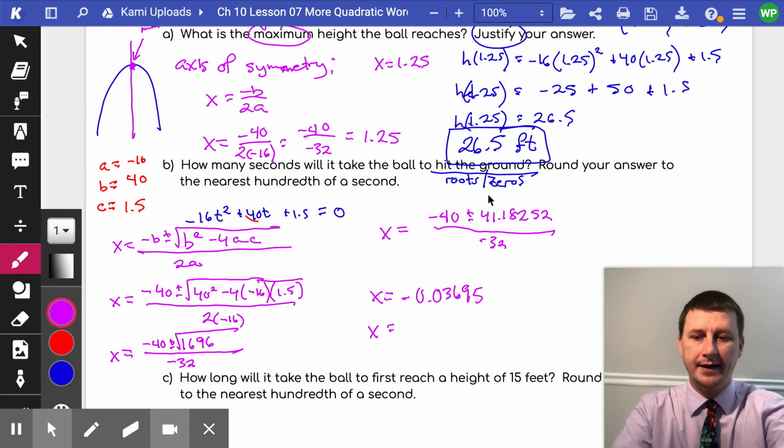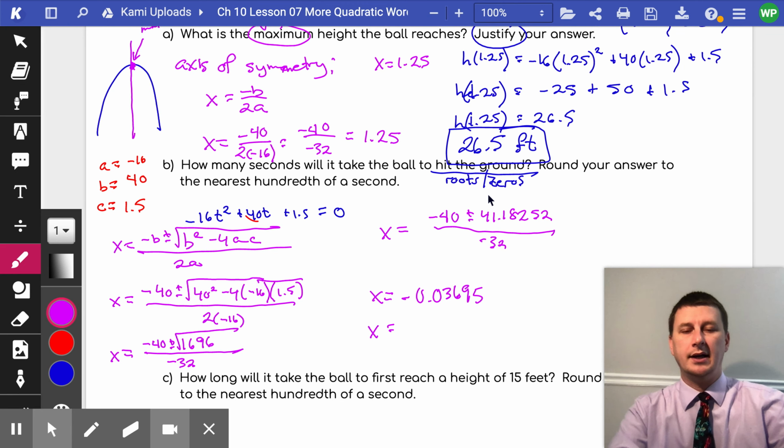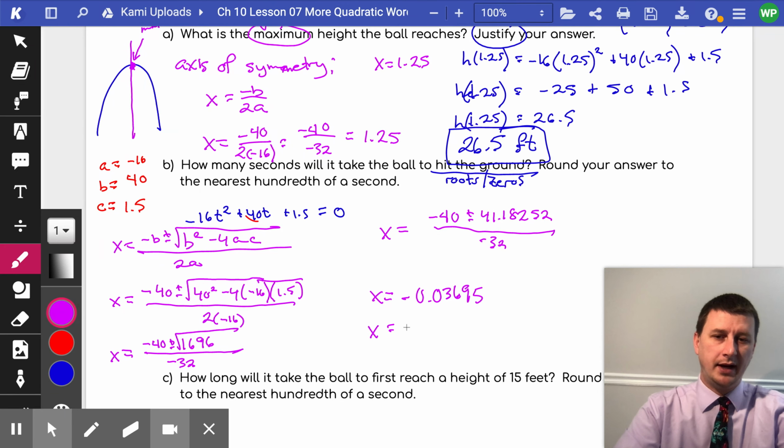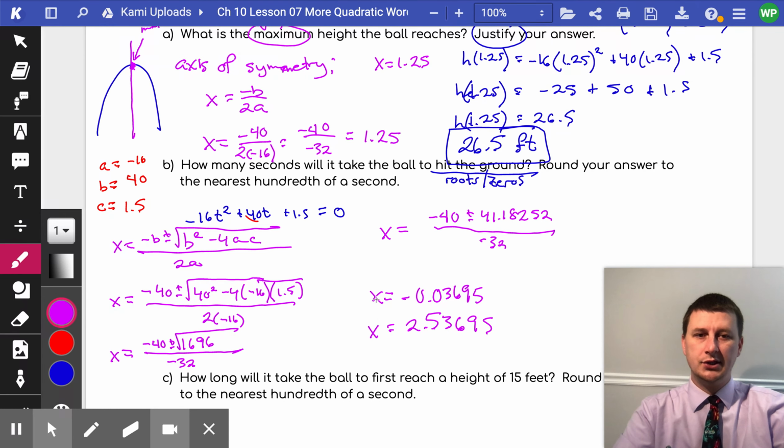And I'm going to divide that by negative 32. A negative divided by a negative will give me a positive 2.53695. Of these two answers, it wants to know when it's going to hit the ground.